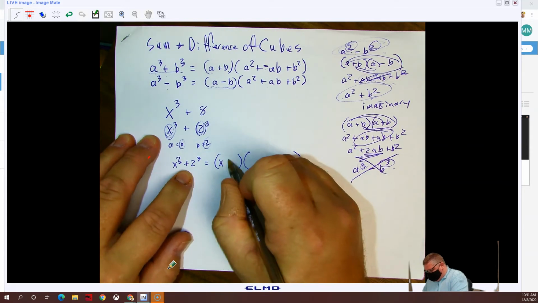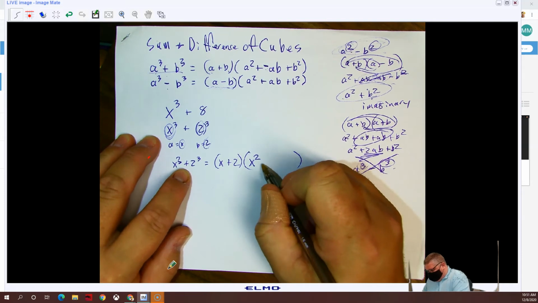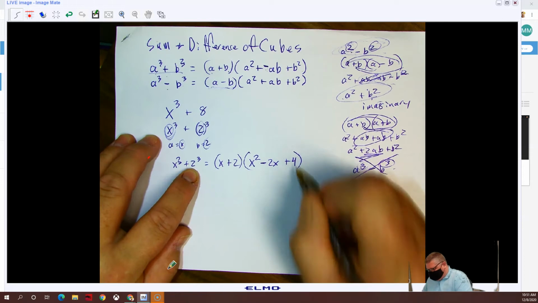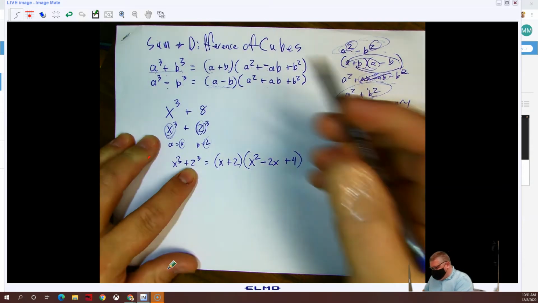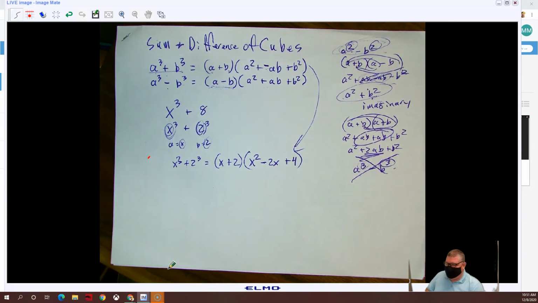Well, x plus 2, because it's the same, x squared, now if that's plus, this is minus 2x, plus 4 at the end, and there it is. So all I have to do is use this to transform or translate it into a factored form.